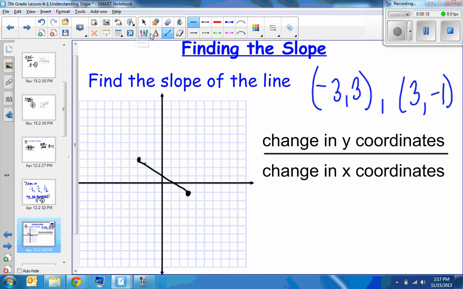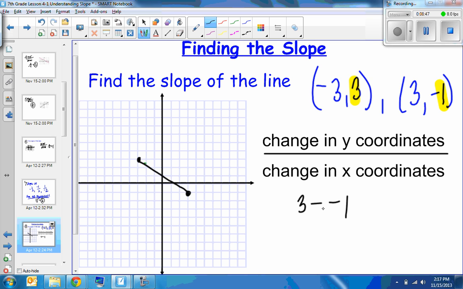So what I need to ask myself is, what are my y coordinates? So I have 3 and negative 1. I'm going to find the change, which means I'm going to subtract. So 3 minus a negative 1.